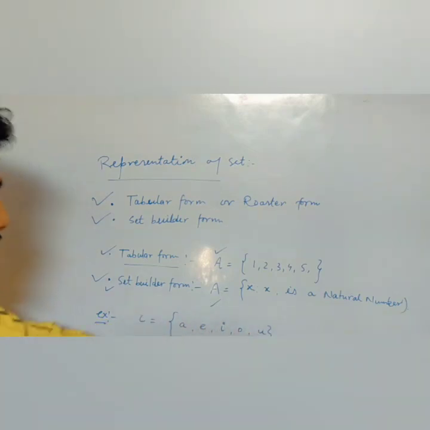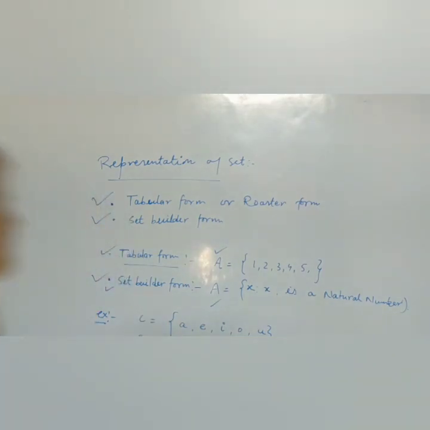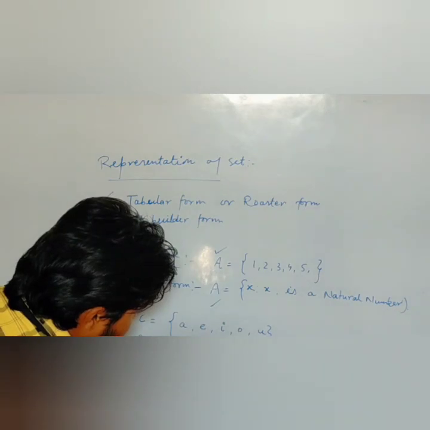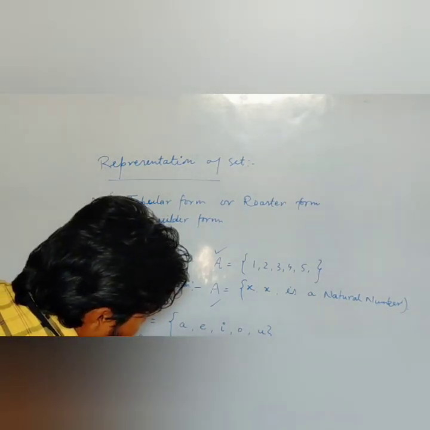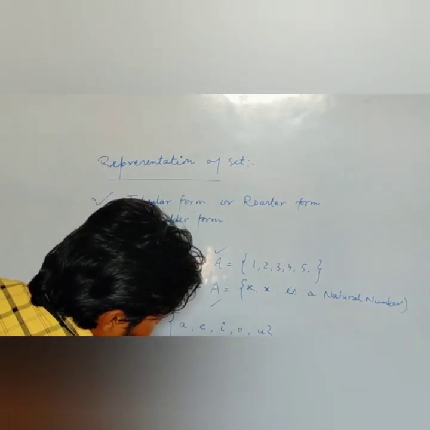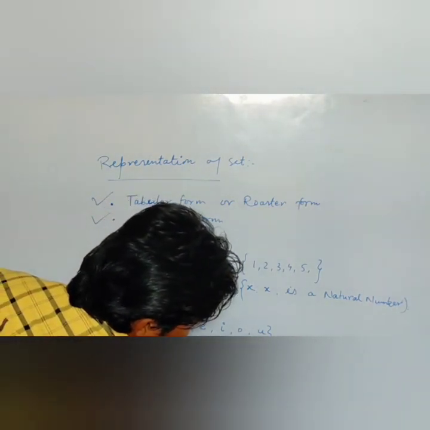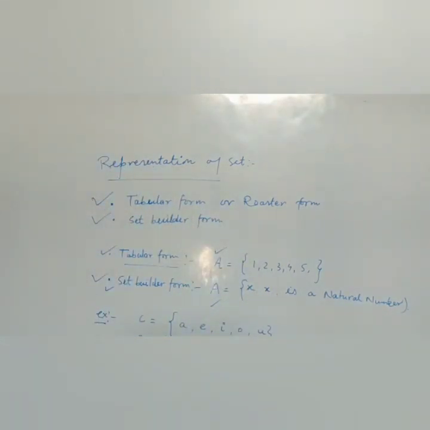In set builder form, we say x such that x is a vowel in the alphabet.